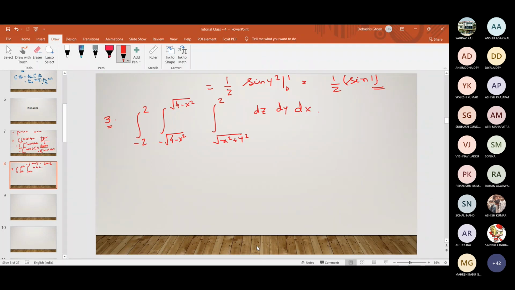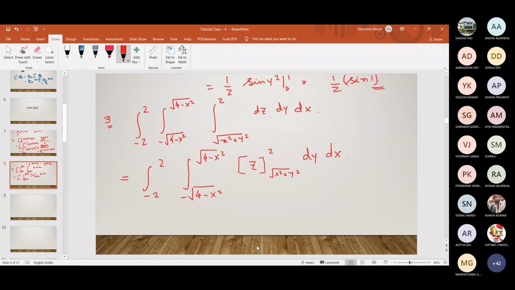So now we have to integrate with respect to z. That comes to integration minus 2 to 2, under root 4 minus x square to under root 4 minus x square, z ranging from under root x square plus y square to 2, dy dx.